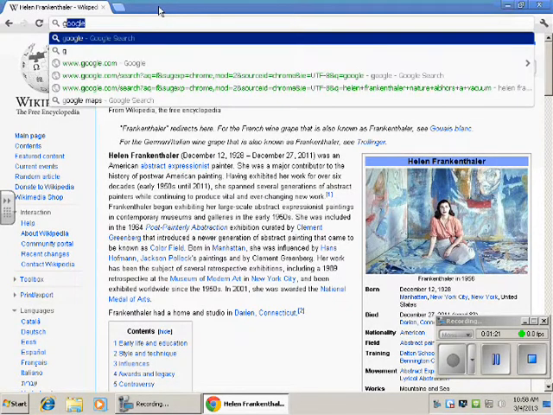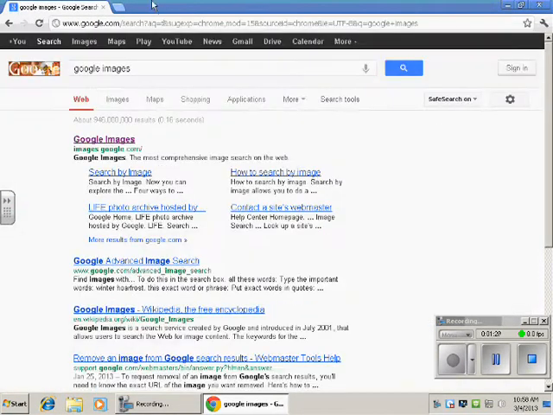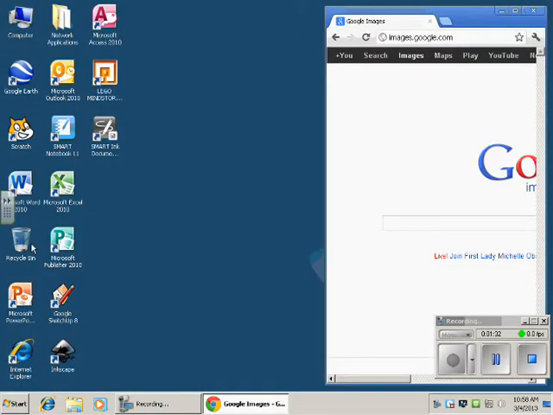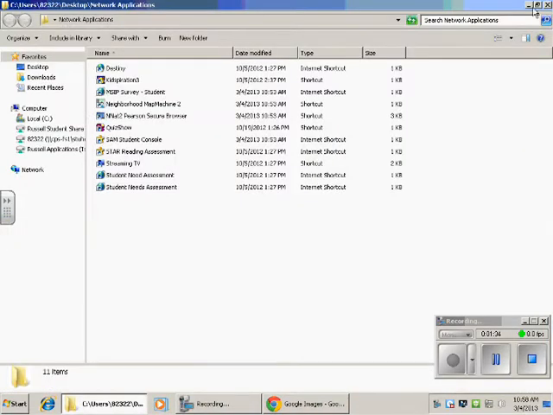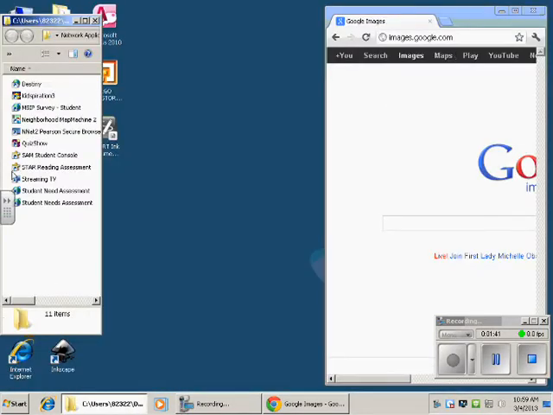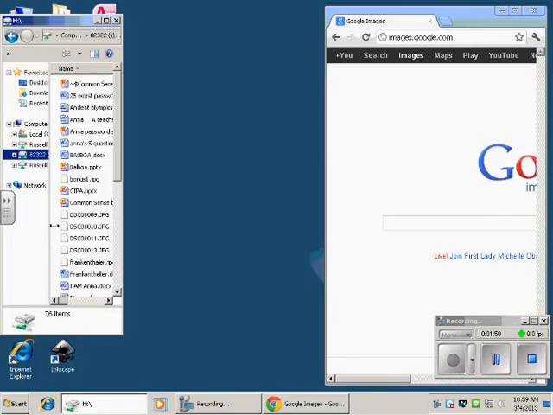I went to Google. And then I did that. And then I pulled up network applications. Whoops. And then I went to my number, and I found it wherever it is.